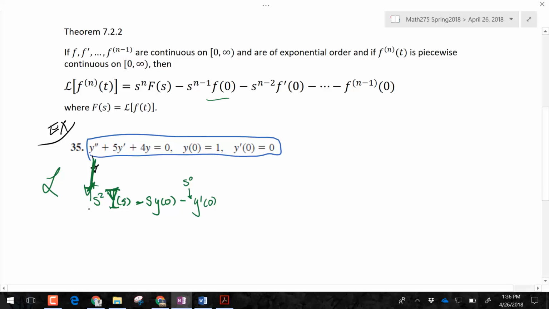So that's my y double prime, right? And then I have a plus 5 y prime. So I need my y prime, and that's n equal to 1 in this formula: s to the first power times the unknown y function that we're trying to solve for, minus y of 0.